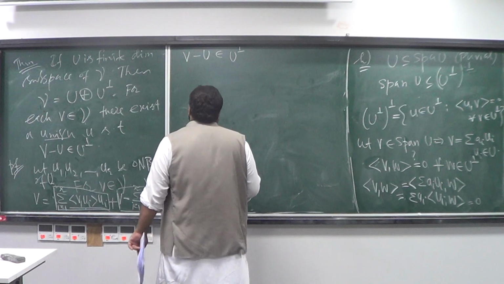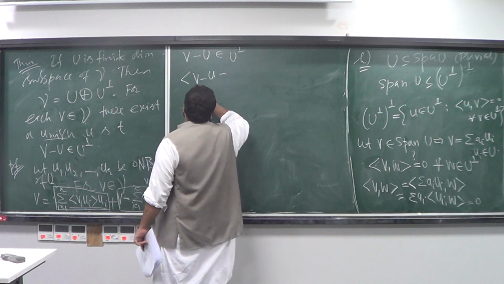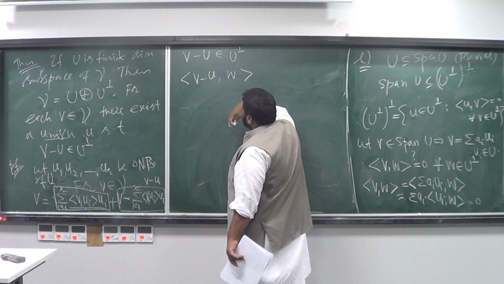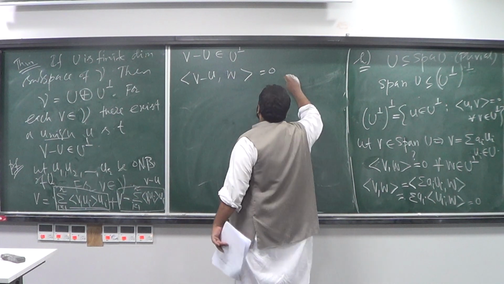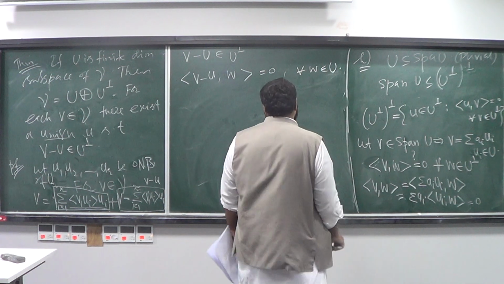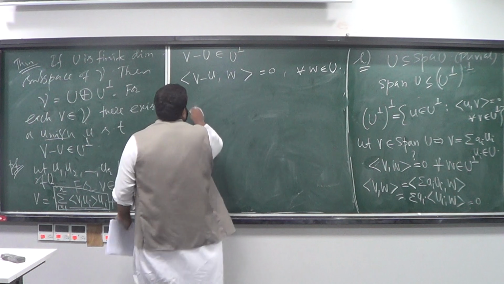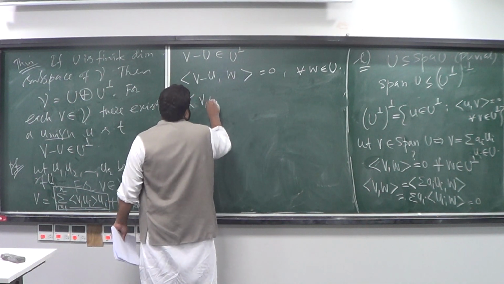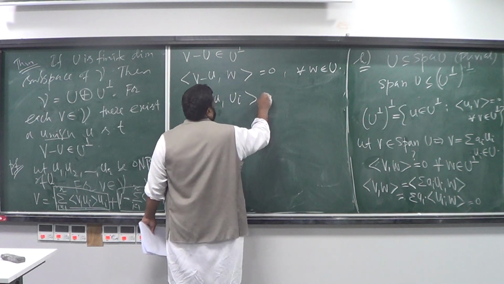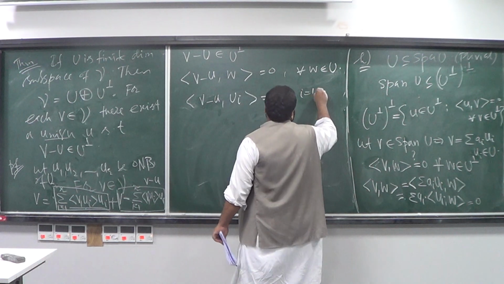So in order to show that V minus U belongs to U perp, I need to show that V minus U is orthogonal to every single vector in U, so it's orthogonal for all W in U. Or in particular, it is enough to show that V minus U is orthogonal to the basis of U, for all i equal to 1, 2, 3 up to r.